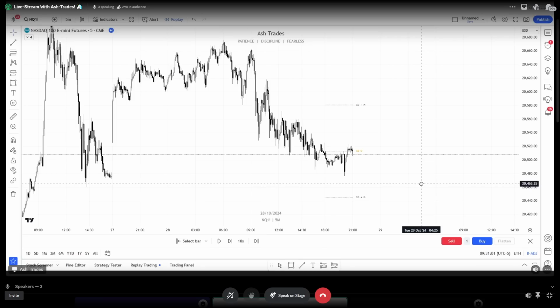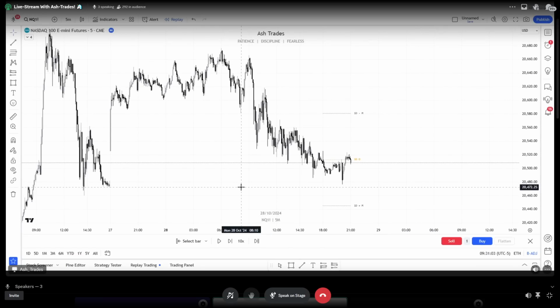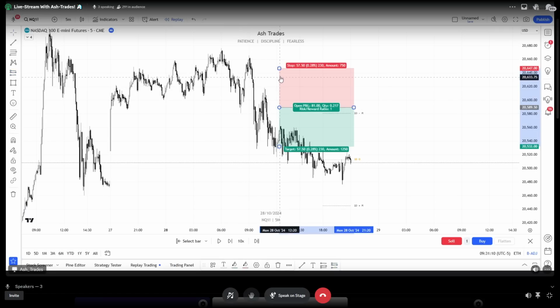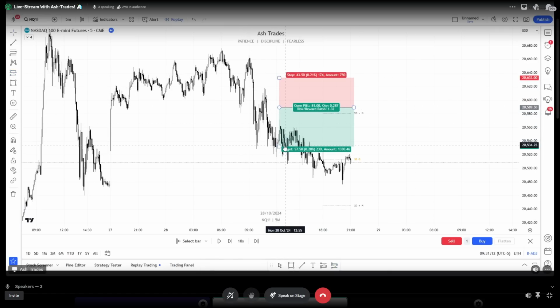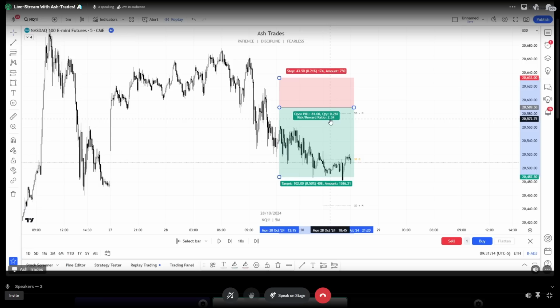Now, while we're going through this, I also want you to think about the results here in terms of risk to reward. It's right here. Because the thing is, we should always be targeting 2R. It should be a 1 to 2 risk to reward, because the fact of the matter is nothing in this world has a 100% win rate. So you, as a risk manager, need to put the probabilities in your favor.